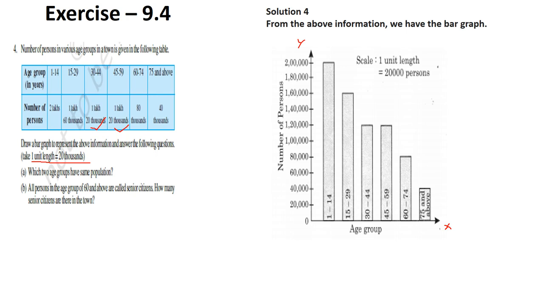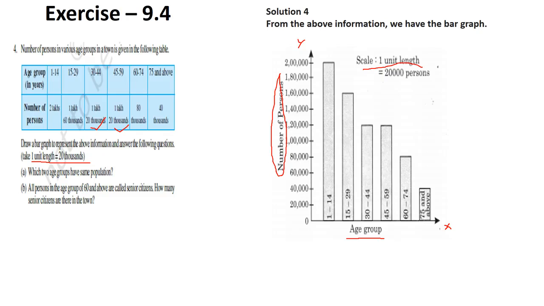Here on the x-axis I have taken age group, as mentioned here, and here on the y-axis the number of persons. I have told you that you have to clearly show what you are representing on both the axes. And the scale is 1 unit length equal to 20,000 persons.